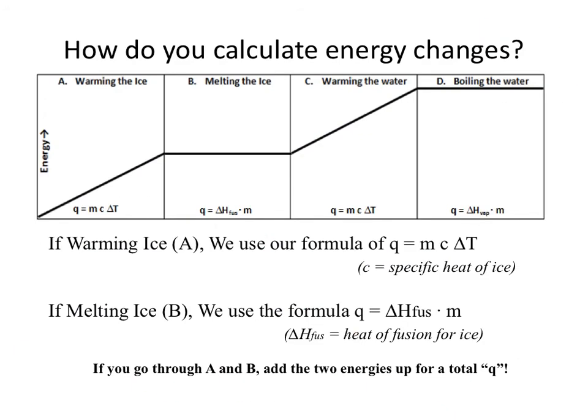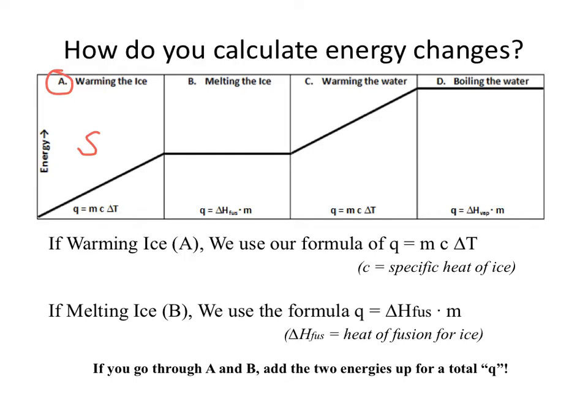All right, so if you look at this chart up above here, the question is, how are we going to calculate energy changes of water? Well, first of all, if you look, this is broken into 4 sections. This is where you would have solid ice, okay? So let's think of just water. And the ice would slowly be warming up. Now, when you warm up ice, we think of ice immediately melting, but that's not what we're saying here, right?